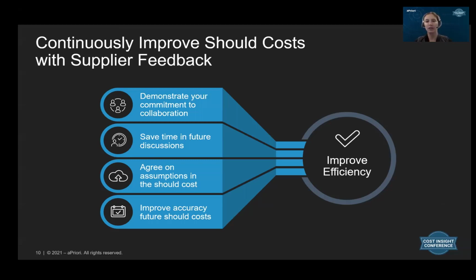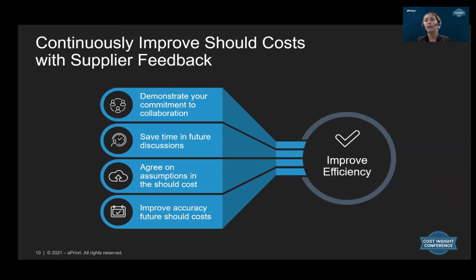And it is critical to incorporate this new information to the model for a number of reasons. One, incorporating fair and reasonable supplier feedback into the model demonstrates to the supplier that you are indeed here for a collaborative conversation. Two, now that you've updated the model, you don't have to repeat this part of the root cause analysis in future discussions, and you'll save time in the future.